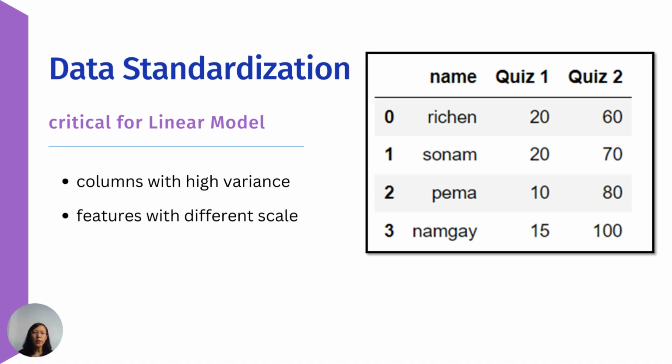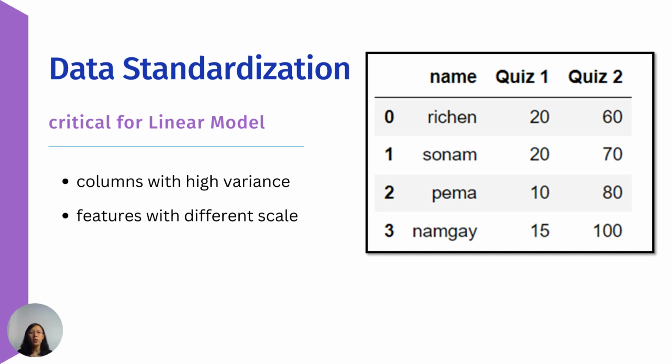If we use this data set as it is for the machine learning modeling, the score from quiz 2 will have the stronger influence, because the quiz 2 score is based on 100 marks, and the quiz 1 result is out of 20. So these quiz 1 and quiz 2 features have different scales. One is from 5 to 20, the other one is from 60 to 100.